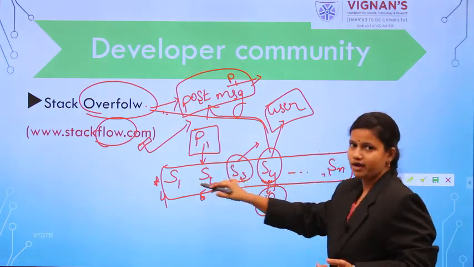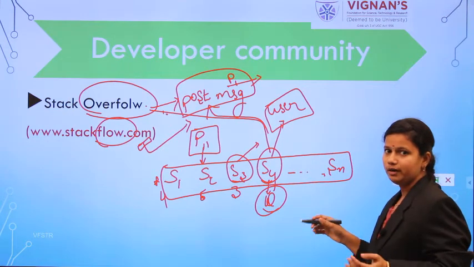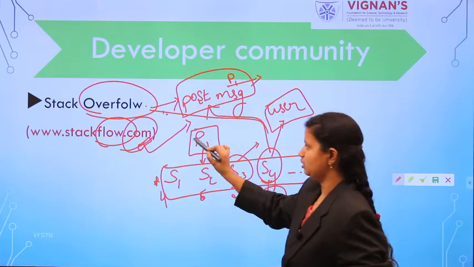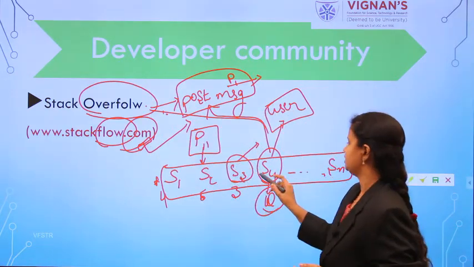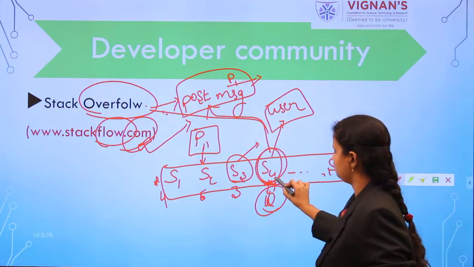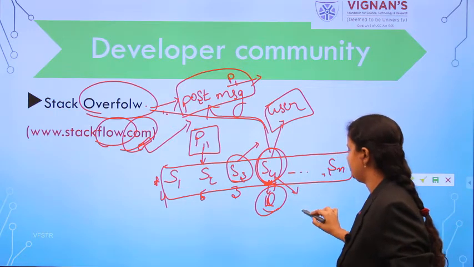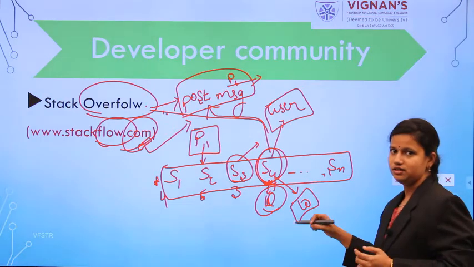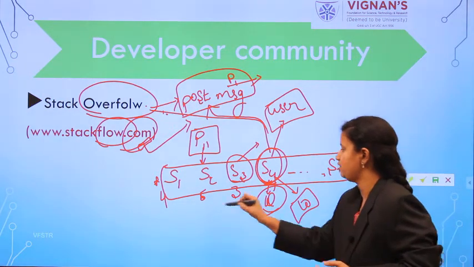The P1 problem has n number of solutions, but this community will only give the solution with the highest rating. So this S4 solution has a 10 rating. The 10 is the maximum, the highest value.